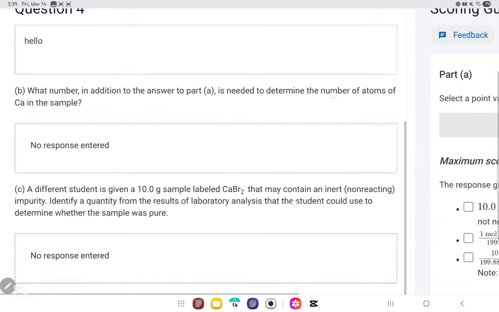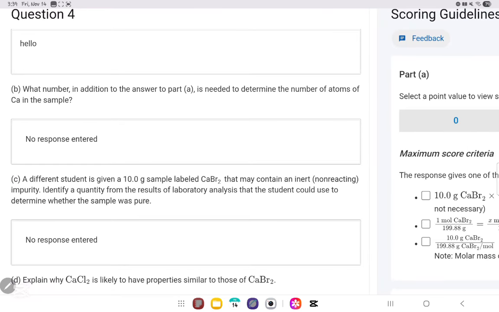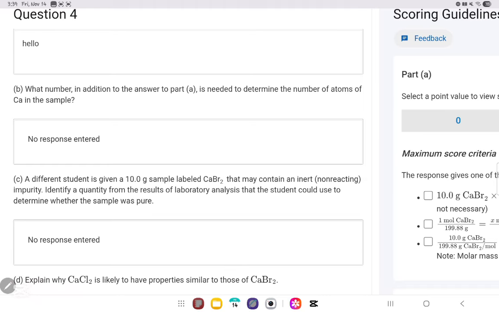In part B, what number, in addition to the answer to part A, is needed to determine the number of atoms of Ca? Basically, they want additional information needed to determine the number of atoms. Number of atoms is equal to the number of moles times Avogadro's number.